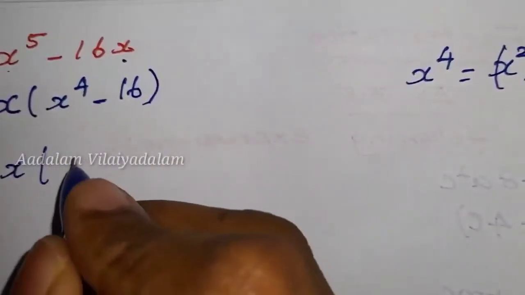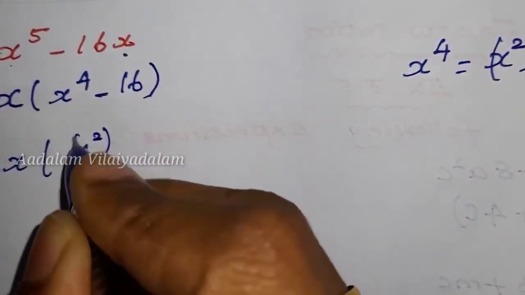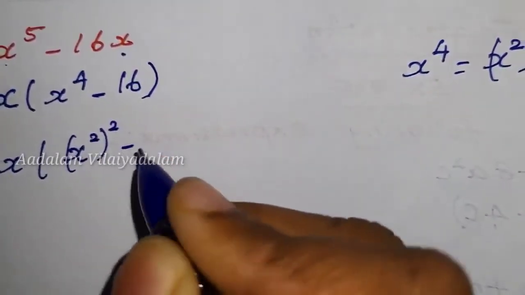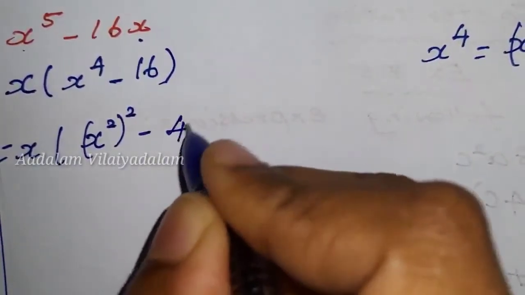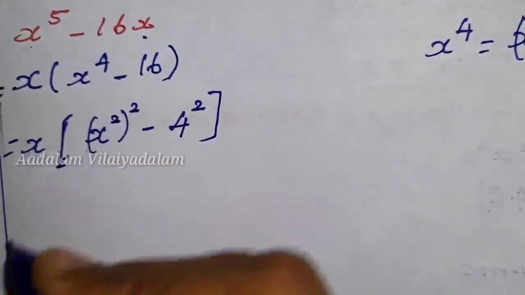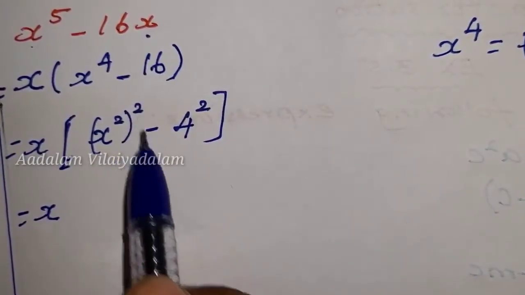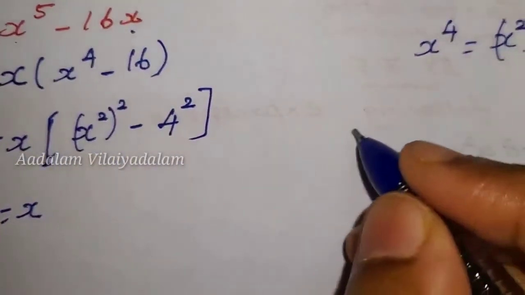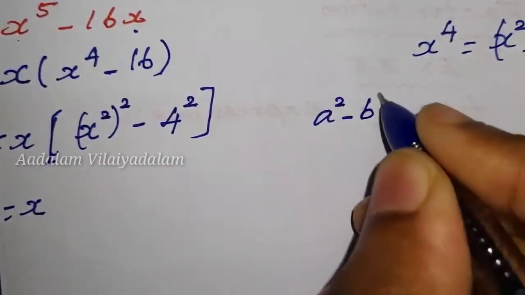Now here x square the whole square minus, and 16 in terms of square is 4 square, 4 4s are 16. So this is the format: x into x square the whole square minus 4 square. This is the format of a square minus b square.